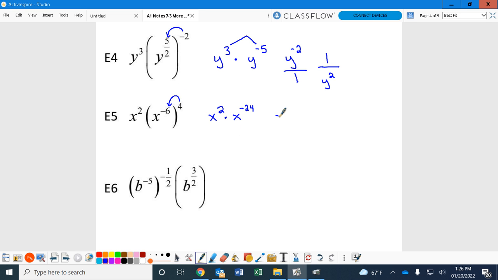Now we add those exponents. 2 plus negative 24, or in your calculator, 2 plus 24 negative equals negative 22. And then we're going to make it a fraction. We're going to move it to the bottom and make it positive 22. And we put a placeholder of 1. It's really not that bad, guys.